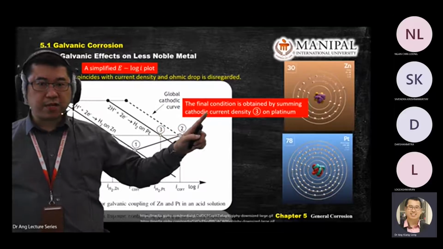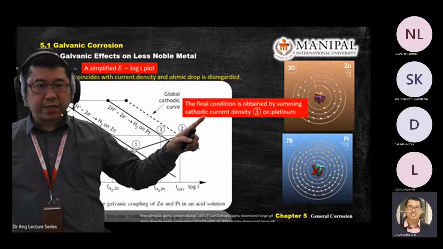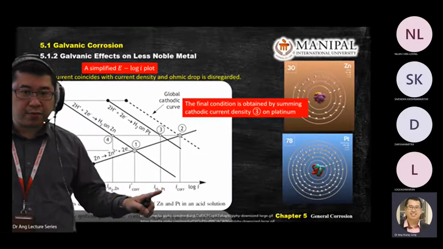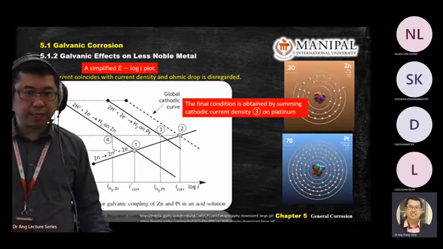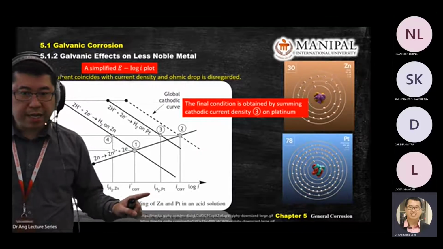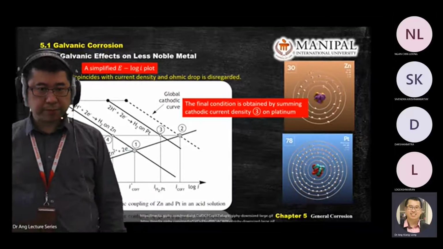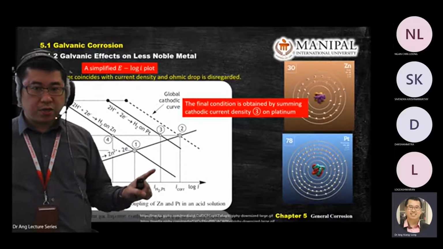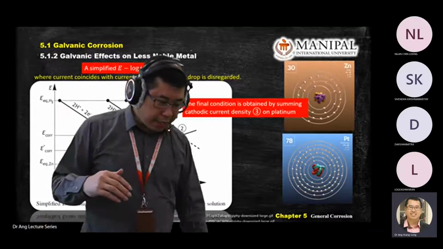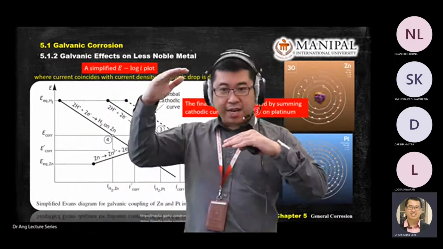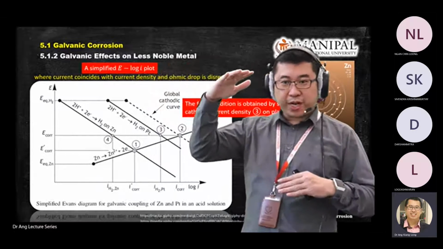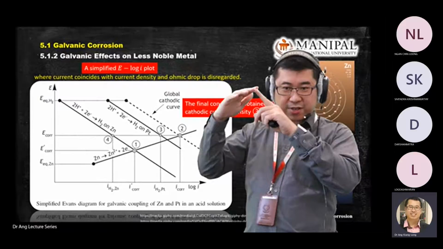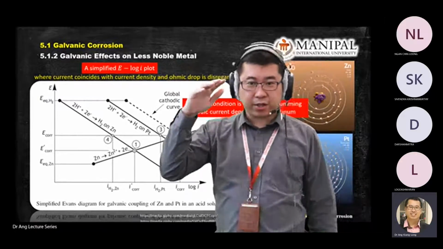Number three is the final condition, where this is the cathodic current density. Where can you find the cathodic current density for platinum? This is the H2 line on platinum, the current density for platinum. Again, it goes back to the higher nobility. When you have a higher nobility, you receive electrons, and this station we call the cathodic process.